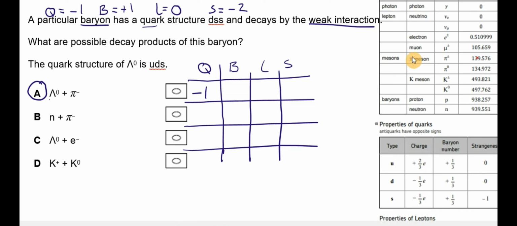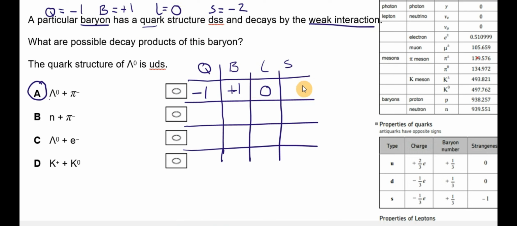The meson isn't a baryon, so overall the baryon number for those two adds up to plus 1. Neither of them are leptons, so the lepton number is 0. So far charge is the same as the original baryon, baryon number is the same, and lepton number is being conserved.